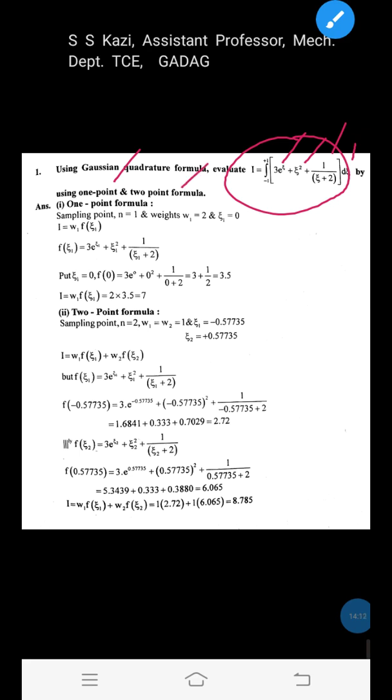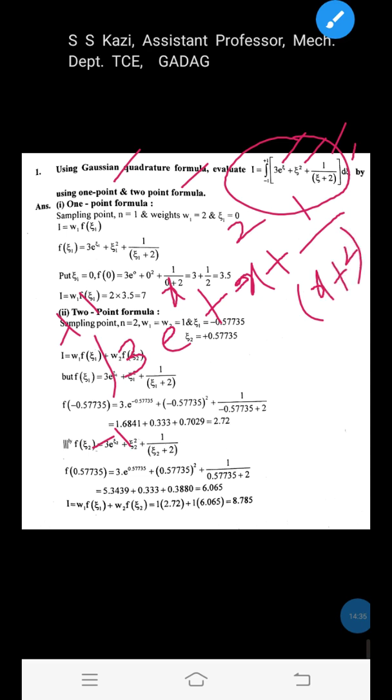This is one of the integral problems asked in one of the previous VTU question papers, wherein the variable was given as x, the integral from minus 1 to plus 1 of 3 e raised to x plus x square plus 1 divided by x plus 2 with respect to x. By using the 1 point and 2 point formula, it was asked to evaluate this particular integral.